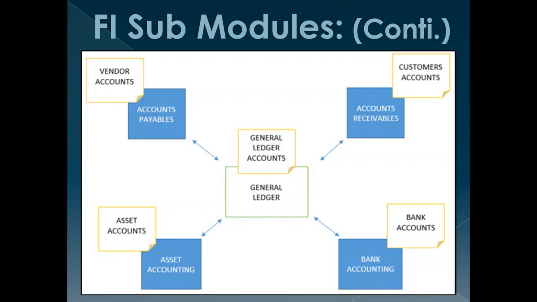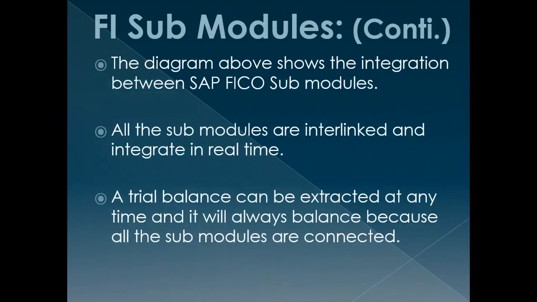Now come to the next topic, sub modules. In SAP FICO, sub modules are accounts receivable, accounts payable, general ledger accounting, bank and cash management, asset accounting. Now understand the linking integration of all the accounts in general ledger in SAP FI.